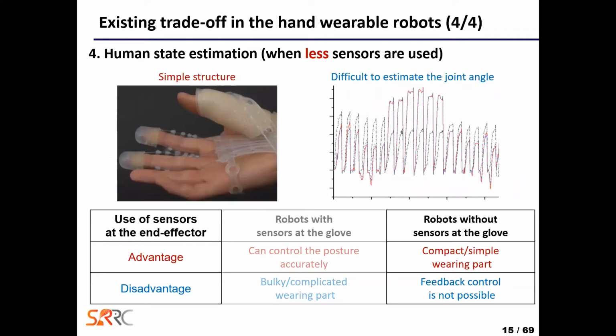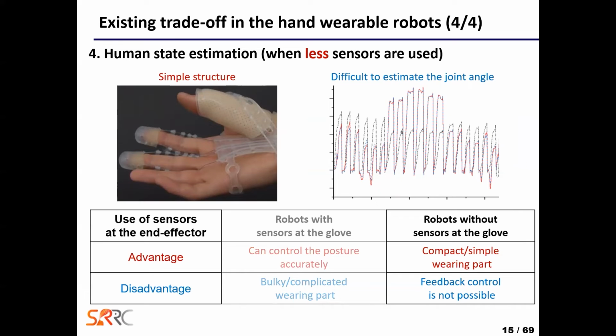So for this reason, some researchers have tried to remove the sensors at the glove part to make the robot simple and compact. However, in this case, we should estimate the joint angle by using only the motor position and motor torque. Since there exist lots of uncertainties in the robot system, the estimated result was not that accurate.